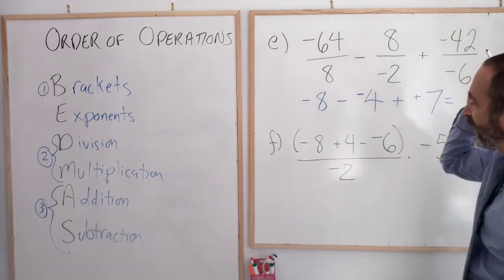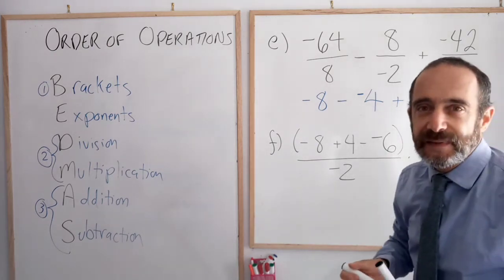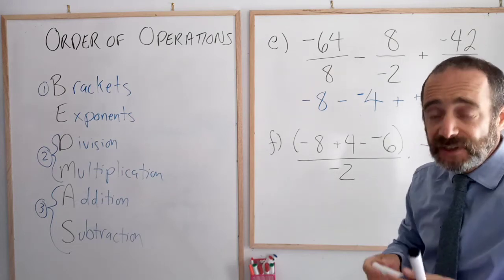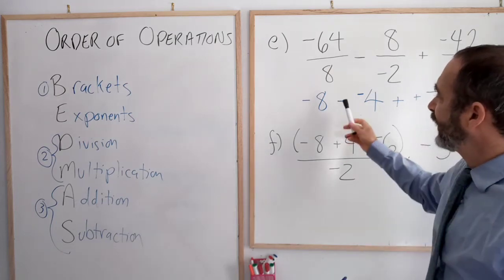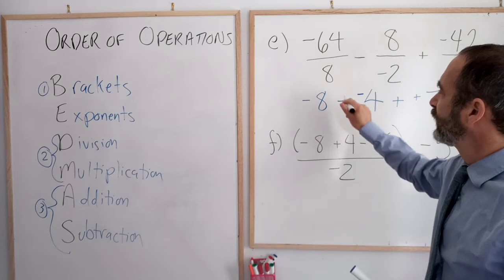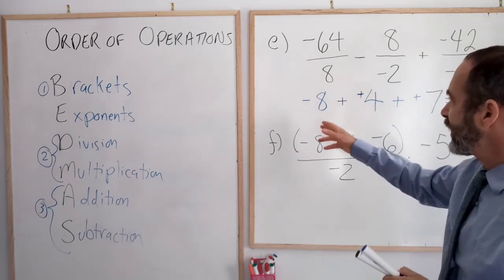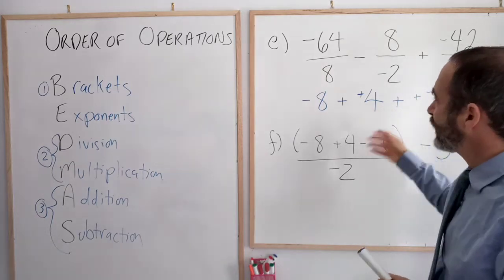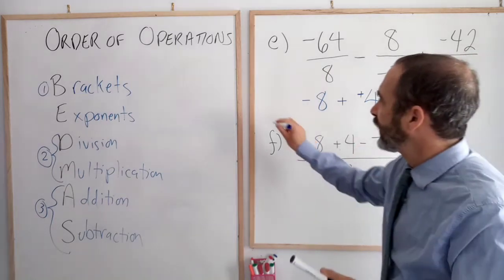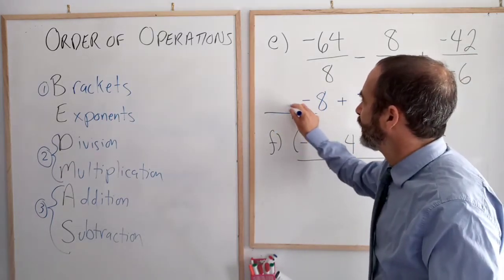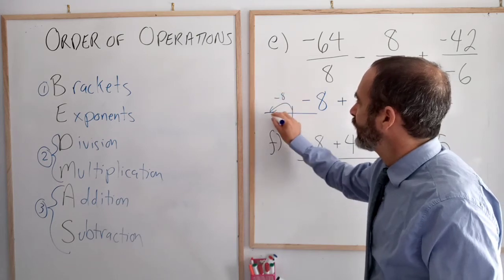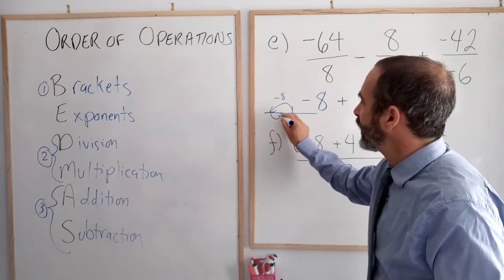So here you go. We want to combine these three numbers together now with addition and subtraction. Again, subtracting a negative is the same as adding a positive, right? So really we have a negative 8, add 4, add 7. You could do it on a number line if you'd like. Negative 8, then you're going up by 4, which brings you to negative 4.